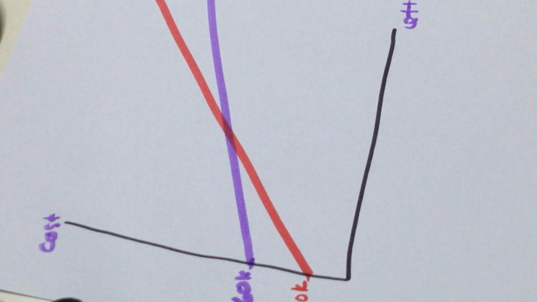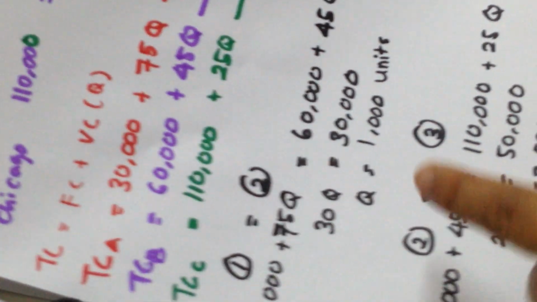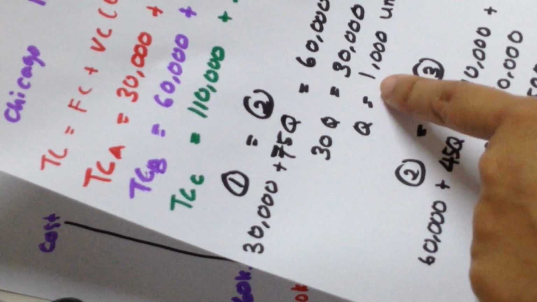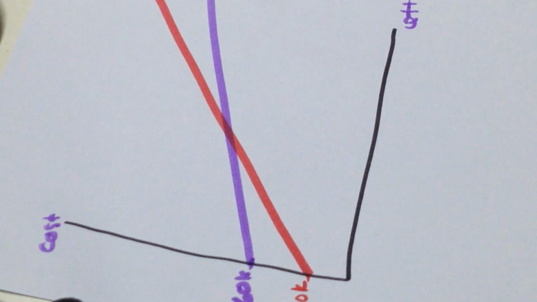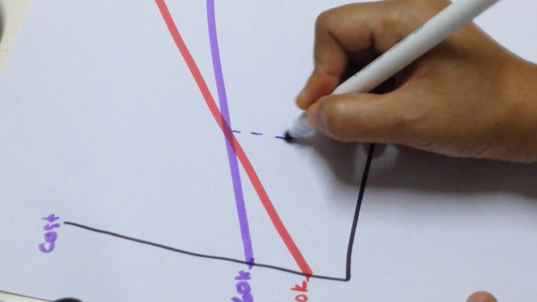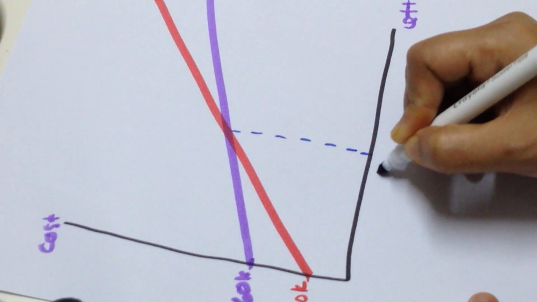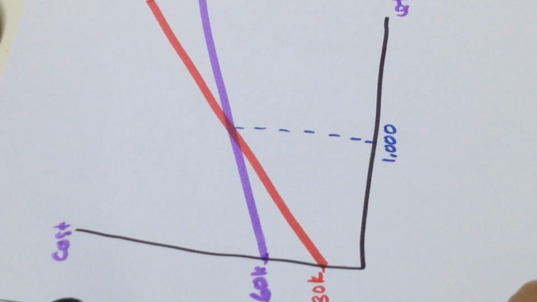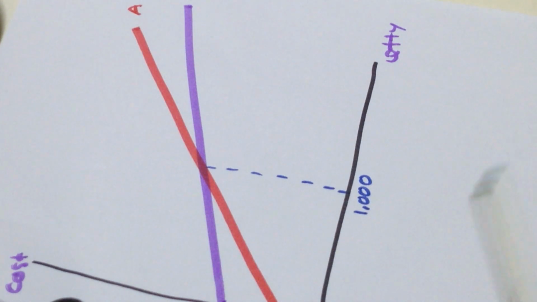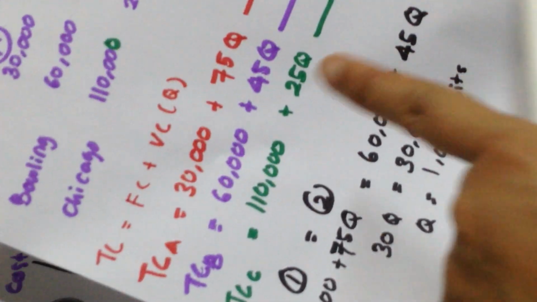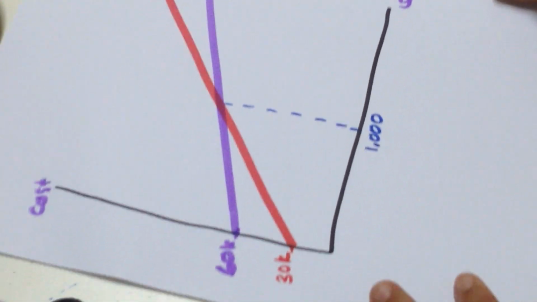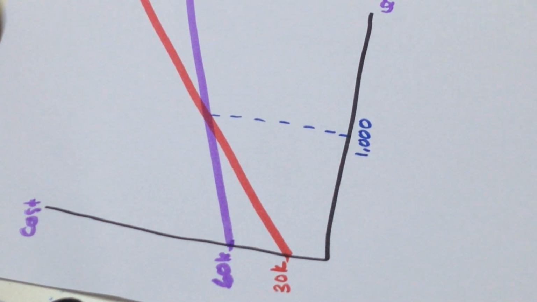So in our calculation, the intersection point between A and B is 1,000 units, meaning that the intersection here will be at 1,000 units. Next one, C. C is 110,000, so it's going to be right here.